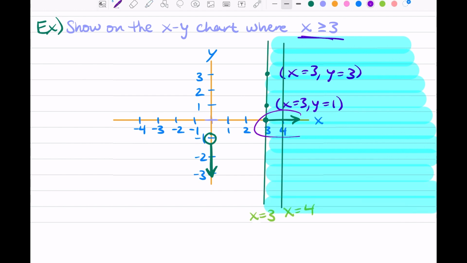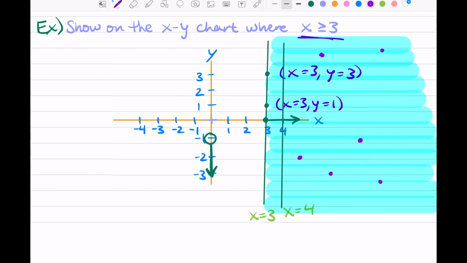Because it follows this idea of where x is on the x-axis, and then it expands it up and down to include all the possible y's. So any point in the blue region, x is going to be greater than or equal to 3, and y is going to be some other value. So it doesn't matter what y is, but that is where x is greater than or equal to 3.